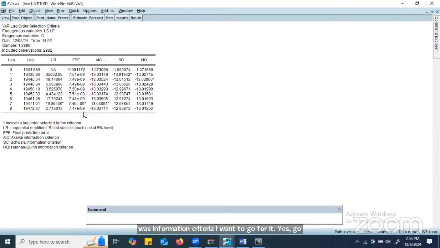No sir, I want to go for lag length 7, because LR, FPE and AIC, three criteria, suggested 7. Then go for it, no problem. No sir, I go for the Schwarz information criterion. Then go for it with lag length 1.